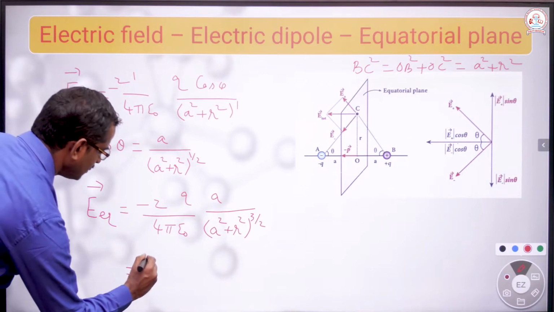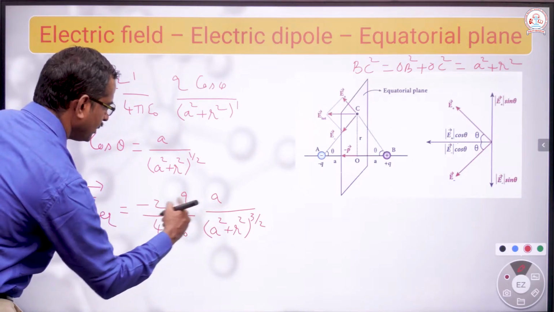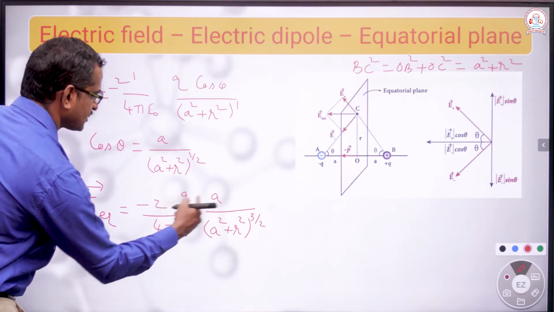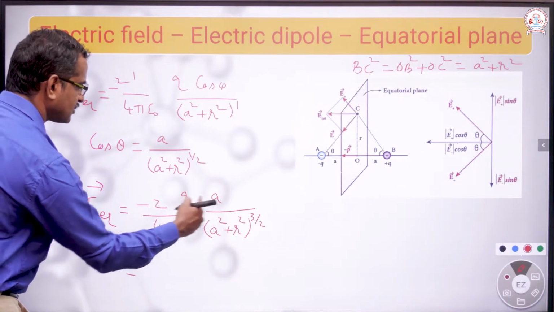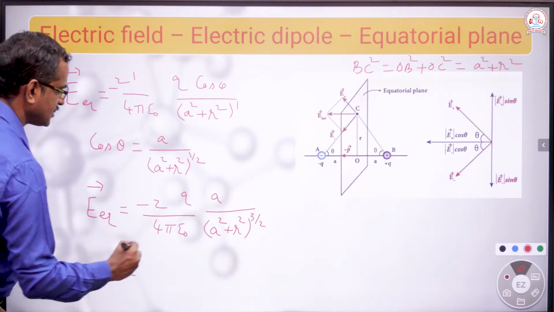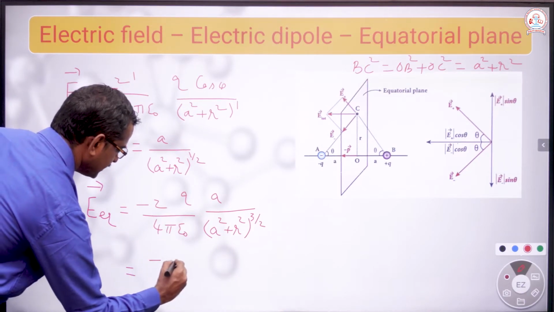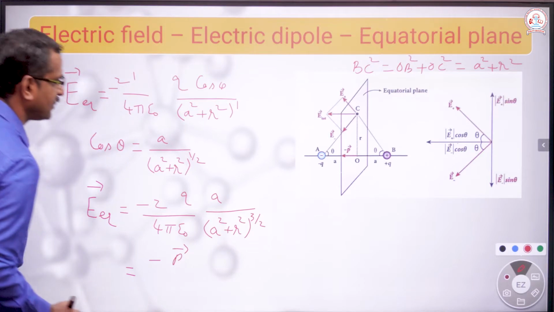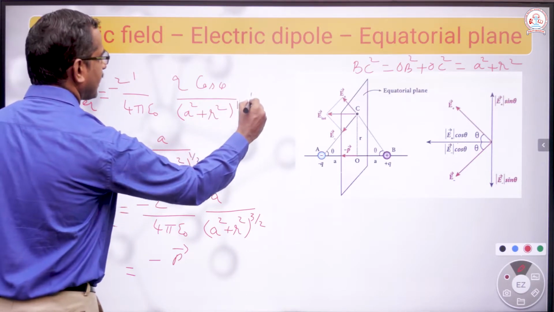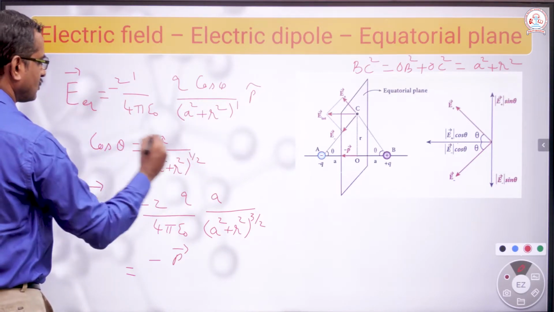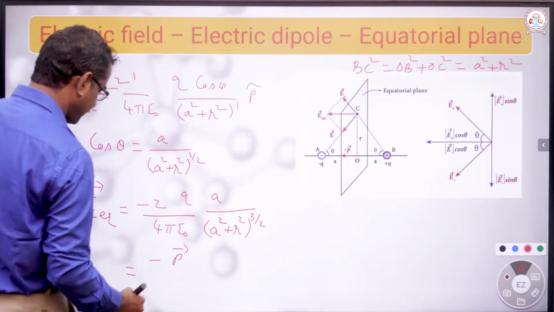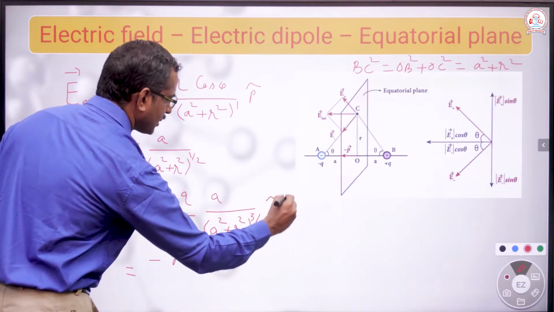That is equal to minus 2qA. This is the product of one of the charges and the distance between the two charges. That is equal to minus P vector, and we can add here P cap to represent this in vector. This is a vector quantity, isn't it? To represent it, we can add P cap. P cap is a unit vector.